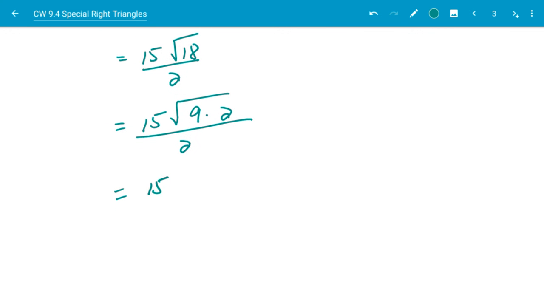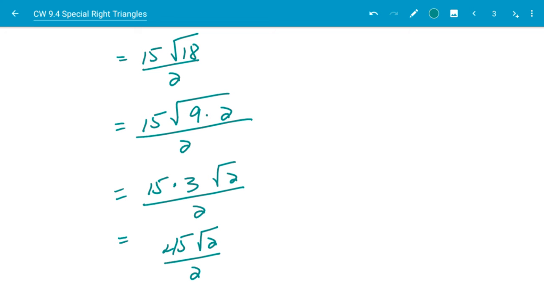So then 15, the square root of 9 is 3, square root of 2 divided by 2. And so then we have 15 times 3 is going to be 45 square root of 2 divided by 2.